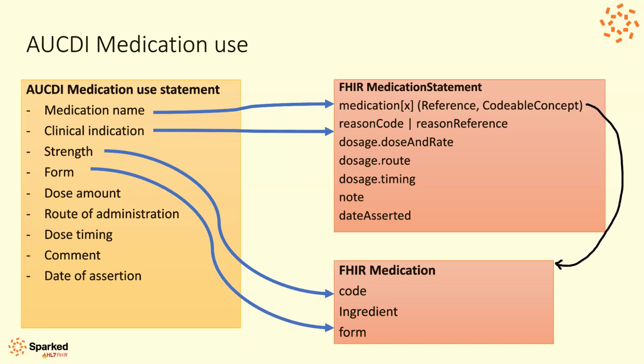So strength and form are pretty much identifying what medication you are taking, so they live more in the medication in detail. We have a set of things which are dosage, which we're really not going to talk about too much today, but we definitely have dosage amount, the route, the timing, and we are having some follow-up sessions on dosage and being able to talk about those in more detail in future sessions.